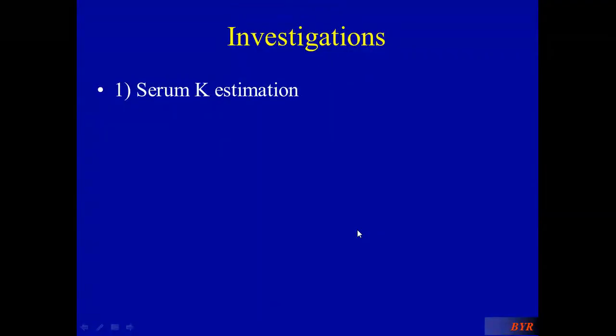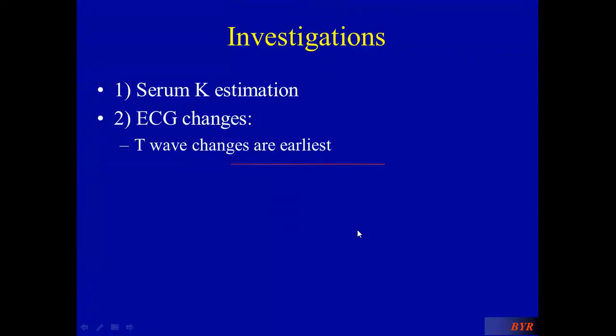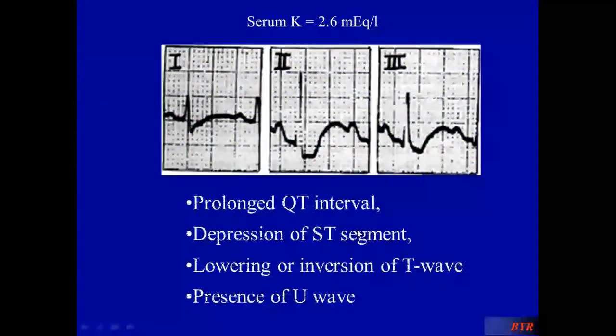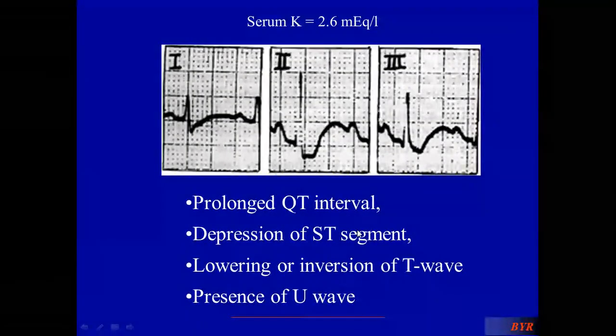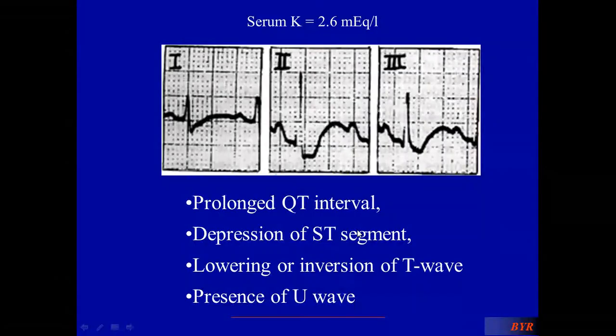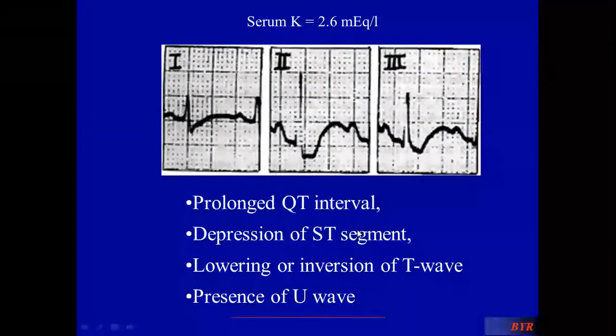Investigation: serum potassium estimation and ECG changes. T wave changes are the earliest. The ECG changes are prolonged QT interval, depression of ST segment, lowering or inversion of T wave, and presence of U wave.